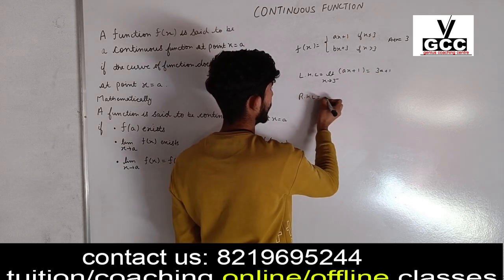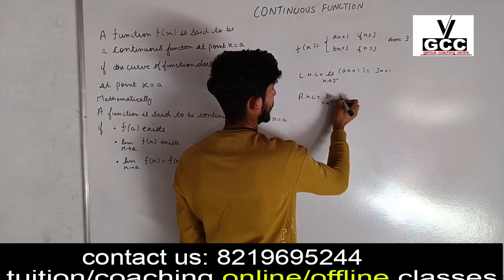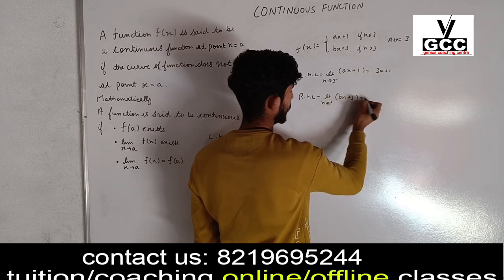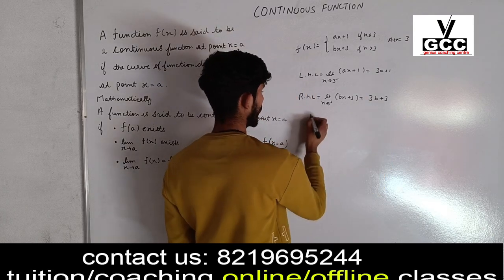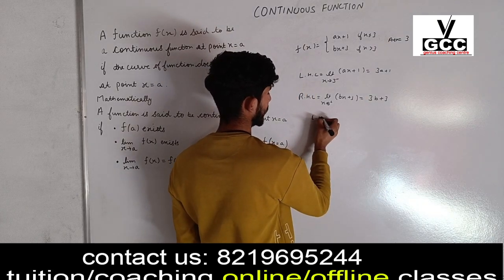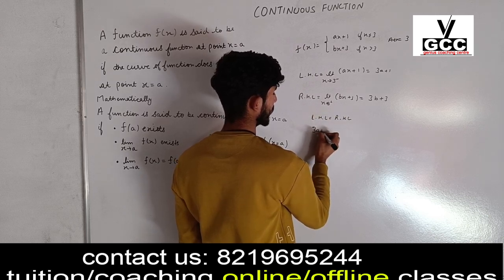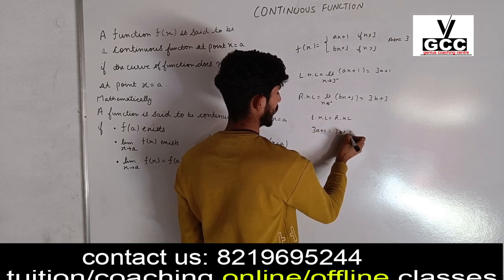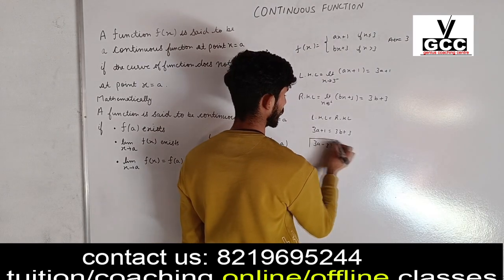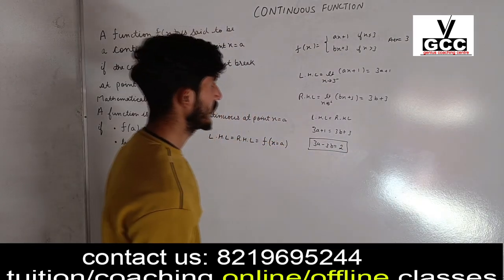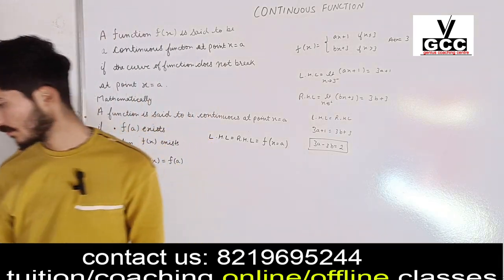Similarly, right hand limit, x approaches to 3 positive, bx plus 3, put 3, that is equal to 3b plus 3. From the definition of the continuous function, left hand limit is equal to right hand limit, 3a plus 1 is equal to 3b plus 3. Now solve: 3a minus 3b is equal to 3 minus 1, which is equal to 2. That is the required relationship between a and b if the given function is continuous at x equal to 3.